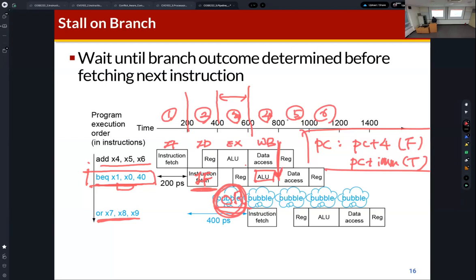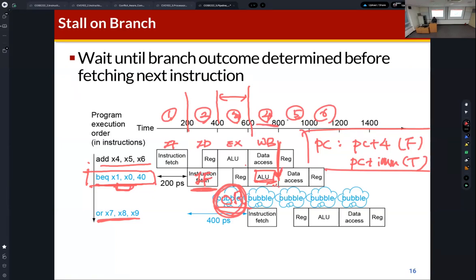So we need to wait until the end of clock cycle 4. Because the branch is a BEQ, we need to use the ALU, but the ALU computation is performed in the execution stage. So that's the problem.